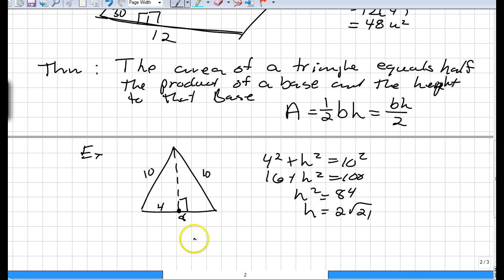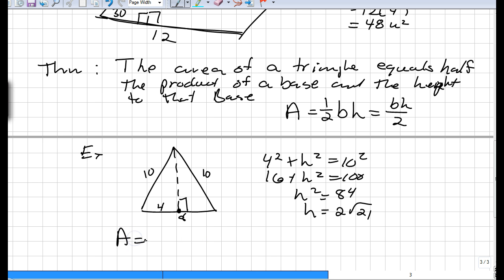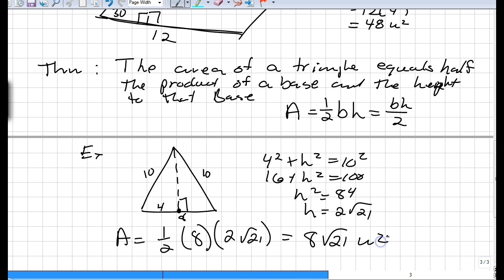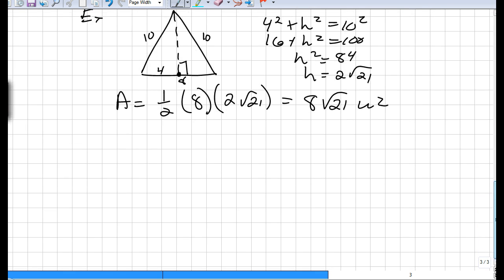So my base, the area then is 1/2 times my base, which is 8, times the height, which is 2 square root 21. So that's going to be 8 square root 21 units squared is the area of the triangle. Okay.